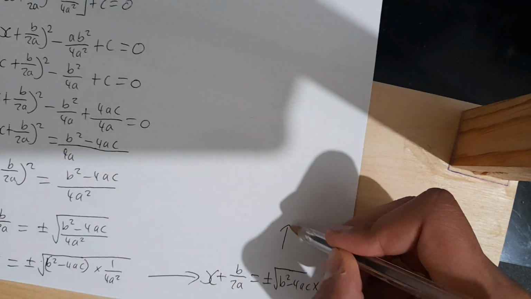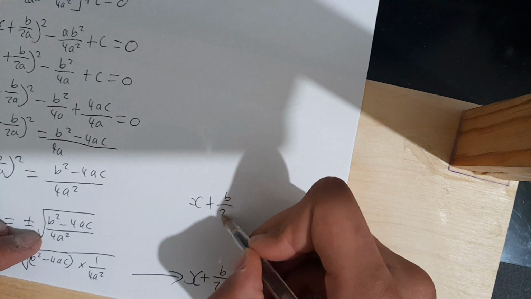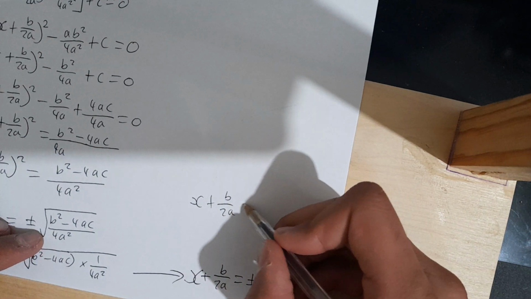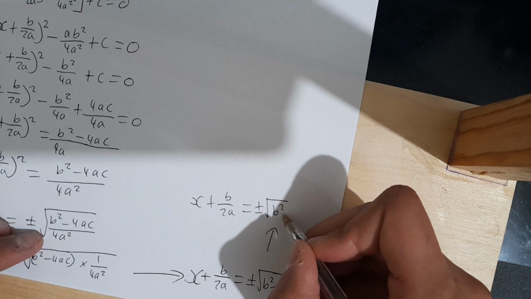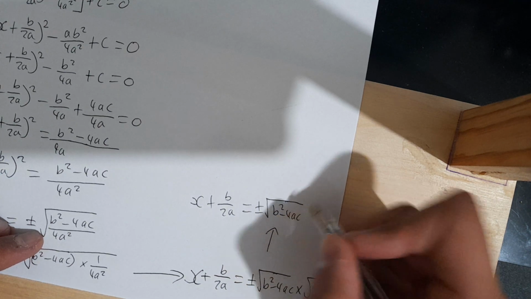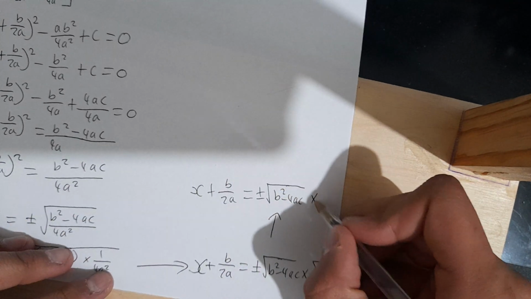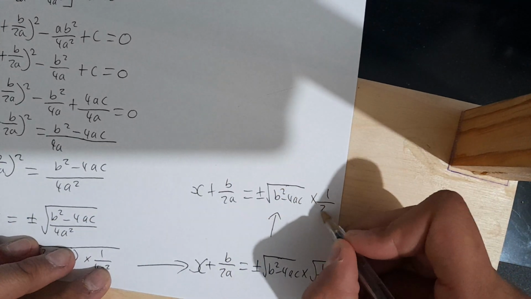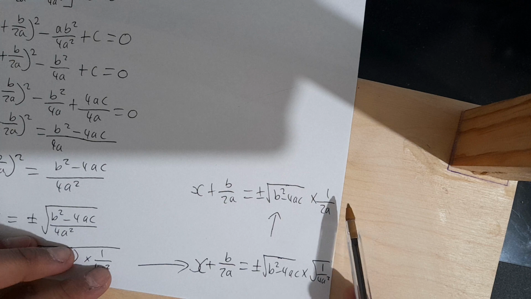And then we go up, x plus b over 2a equals plus minus root b squared take away 4ac. And then this, we can just simplify this to multiplied by 1 over 2a, because the 4a squared, root that and you get 2a, and the square root of 1 is just 1.